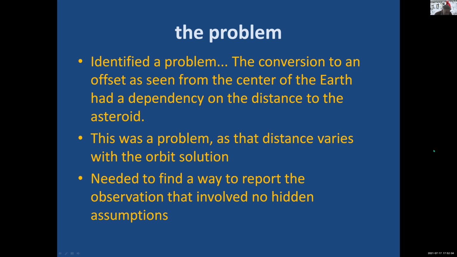However, and Apophis highlighted this, we found that when you get into orbit solution software, which varies all the parameters of an orbit in some manner or other, it turns out to be quite possible, in fact quite common at the level of precision we're dealing with, for a change in the distance to the asteroid to have an effect on how we derived the apparent offset of the asteroid from the star as seen from the centre of the Earth.